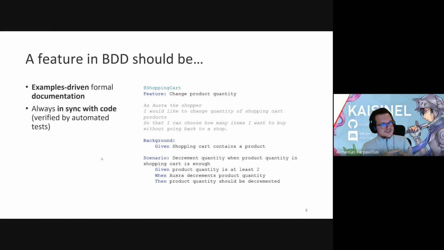Often documentation is outdated, and at some point it may even be better to not have any documentation than documentation that lies. But with BDD, you have documentation that you can trust because it's tested.